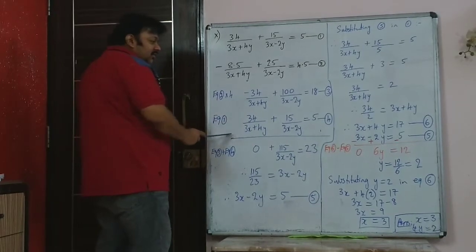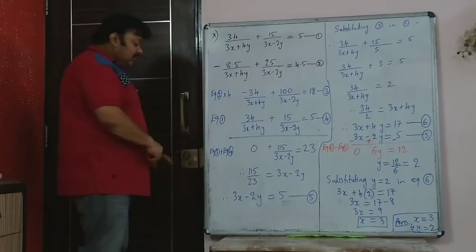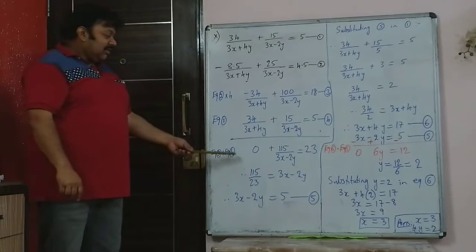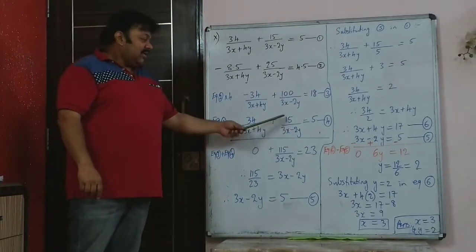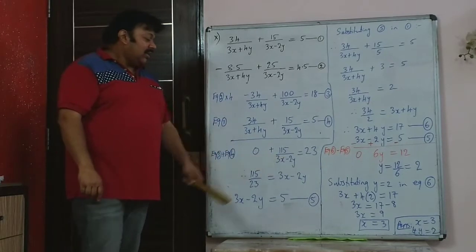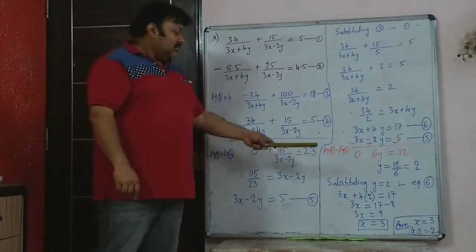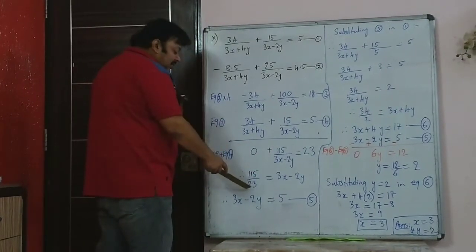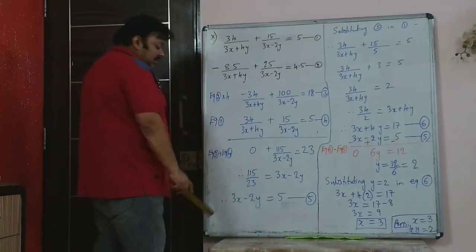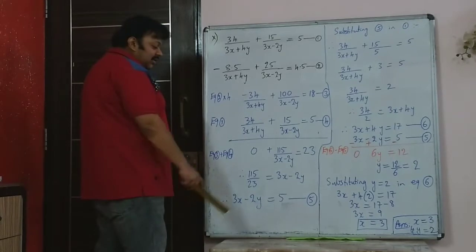Signs are opposite, so you just have to add 3 and 4. So equation 3 plus equation 4 will give you 0. This gives you 115 upon 3x minus 2y, that is equal to 23. And when you get 23 below 115, it will become 5. 115 upon 23 is 5.